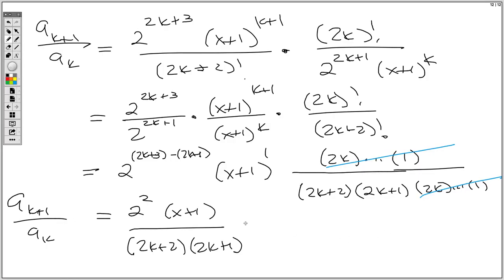So yep, you can simplify this to 4 times x plus 1 over 2k plus 2 times 2k plus 1.